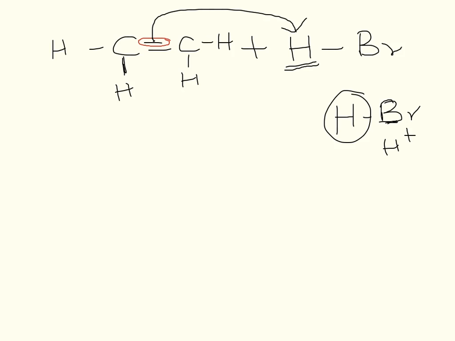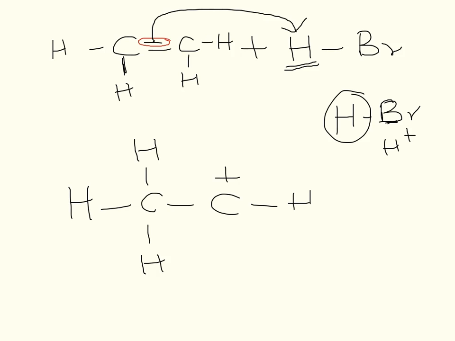When this happens, a carbocation is formed. Carbocation means a carbon with a positive charge. So what do we get here? We get H, C, H, H, C plus, H and H. So how did that happen?